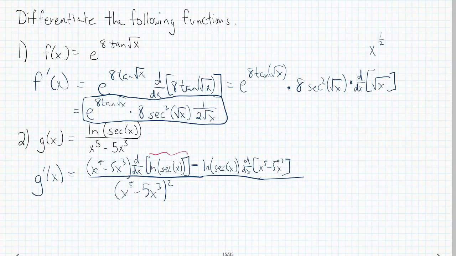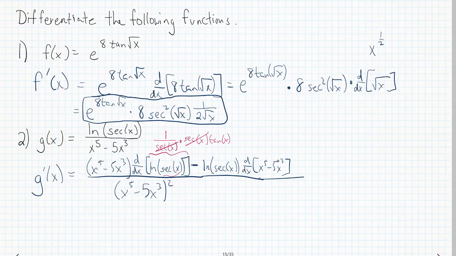So natural log makes it 1 over secant x. But now we're going to have to take the derivative of the interior function. The interior function is the secant x, so that makes this times secant x times tangent x. So notice that whole derivative just simplifies to tangent x.